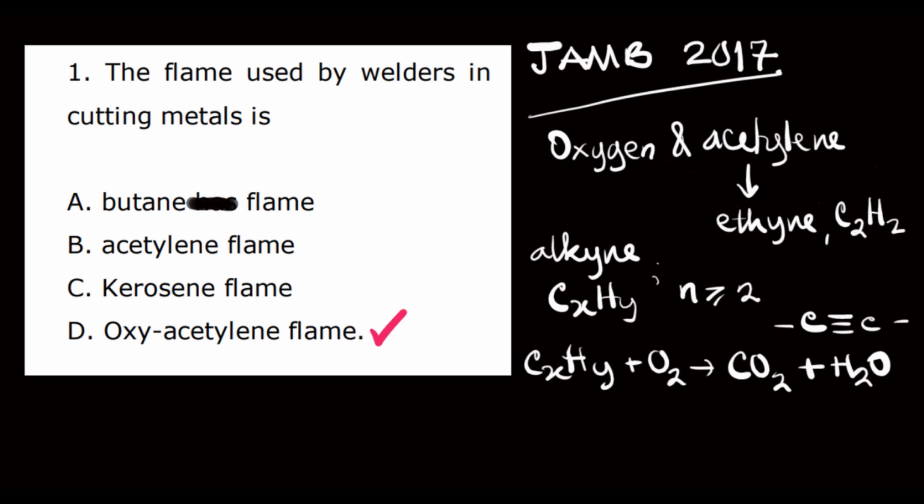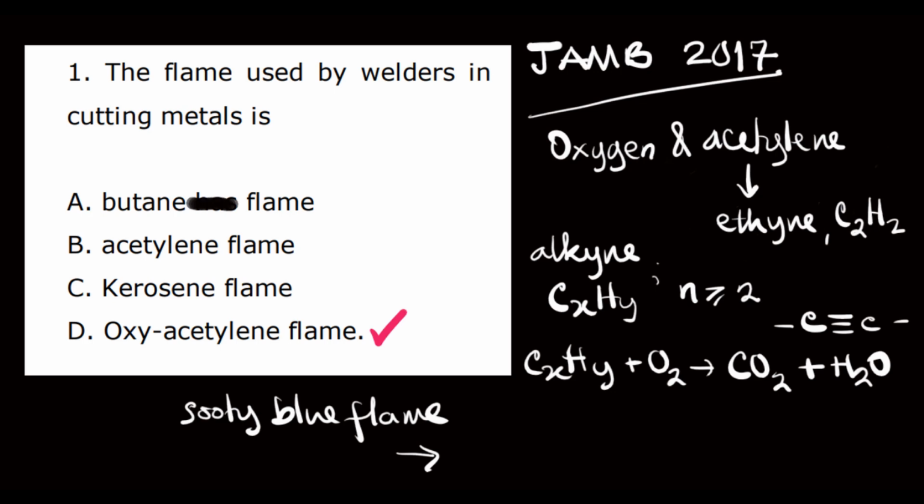So now, ethine burns in oxygen with a sooty blue flame due to its high carbon content to evolve a large amount of heat, which is used in the welding process for cutting what? Metals, as stated in this question.